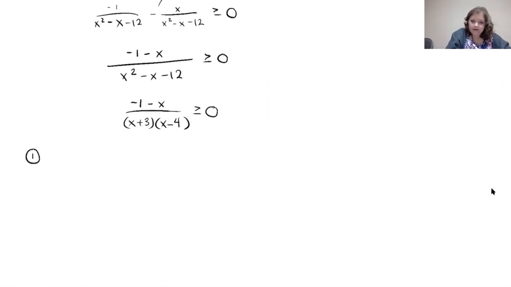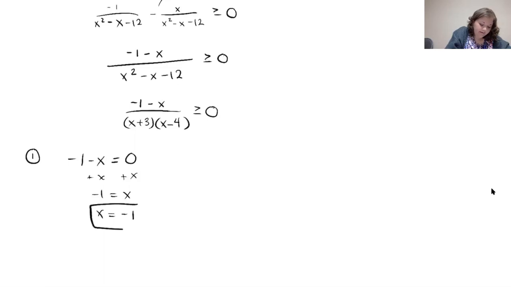So step 1, set the top equal to 0, set the bottom equal to 0. So we'll have -1 minus x equals 0 on the top. So add x to both sides and get -1 equals x, or x equals -1 if you'd rather write it that way. And then the bottom, we get x plus 3 equals 0. Subtract 3 and we get x equals -3.